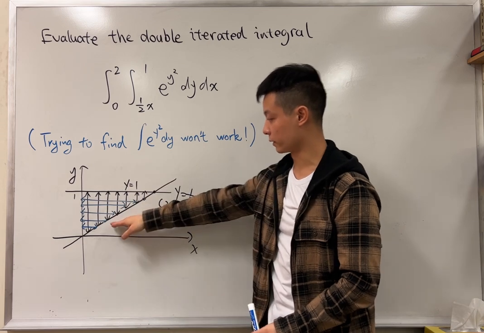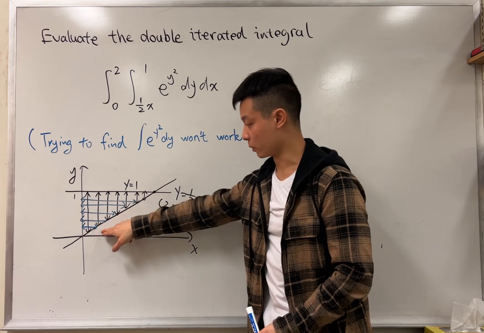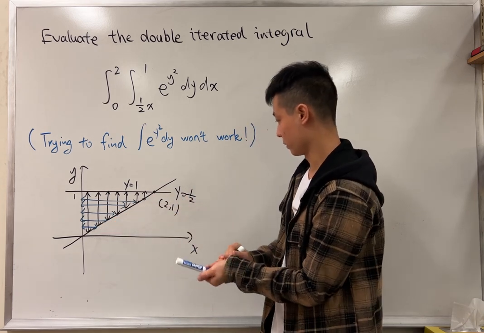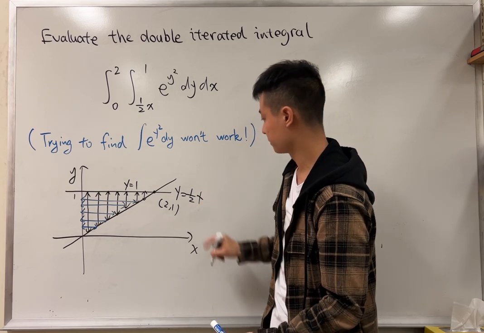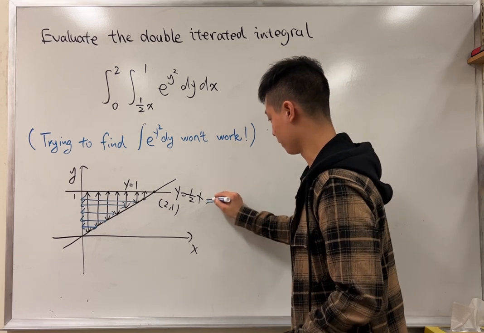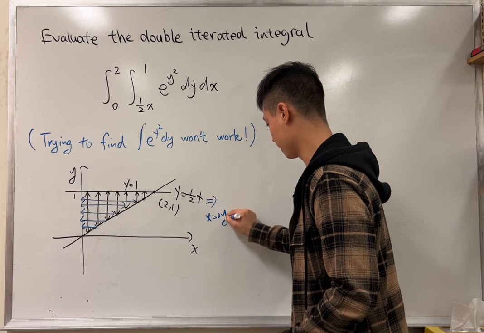The upper bound of the horizontal strips sits on the line y equal to 1 over 2 x. Oh, sorry, I'm missing an x here: y equal to 1 over 2 x. Solving for x, that is x equal to 2y.